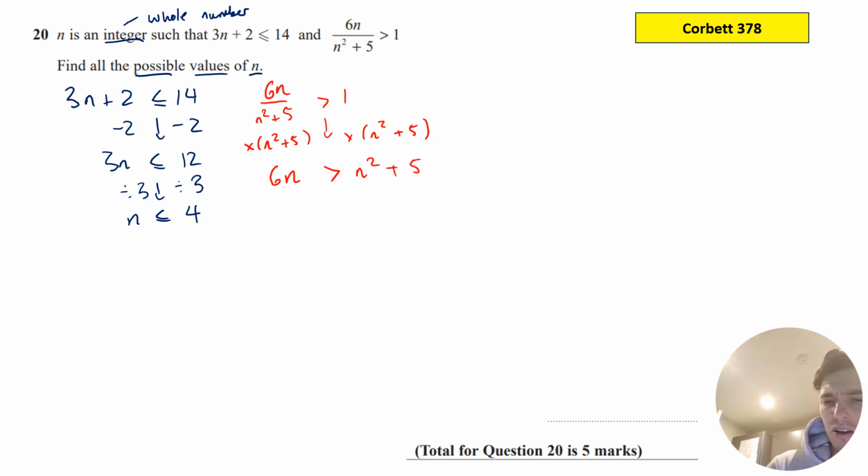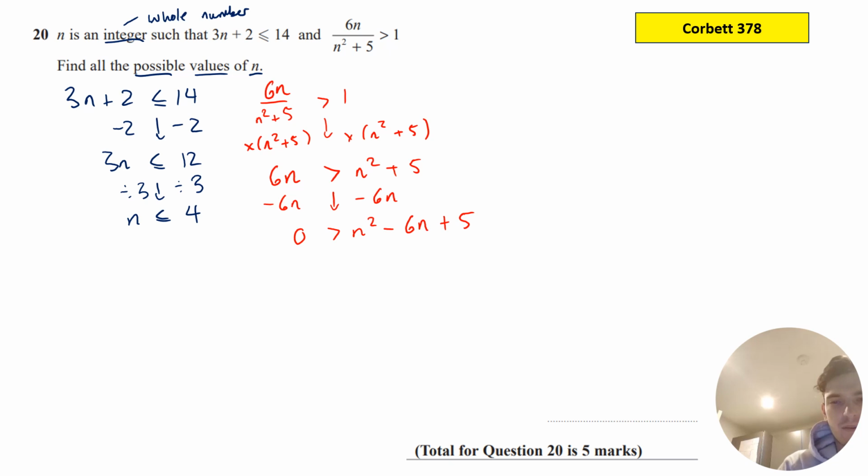So I think this looks like it's a quadratic inequality. So because it's a quadratic inequality, I want to get 0 onto one side. So that's minus 6n from both sides. 0 is bigger than n squared minus 6n plus 5. Okay, what do? Well, I'm going to have to factorize this.